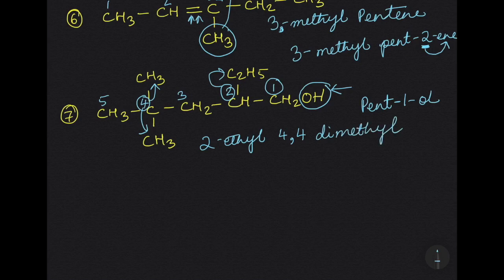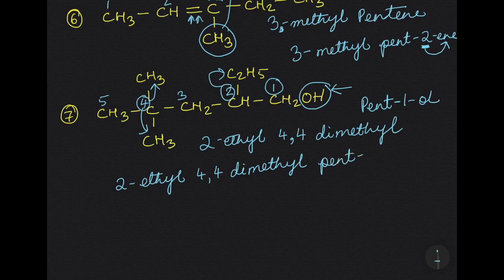So what will the IUPAC name of this organic compound be? It will be 2-ethyl-4,4-dimethylpent-1-ol. I hope it is clear.